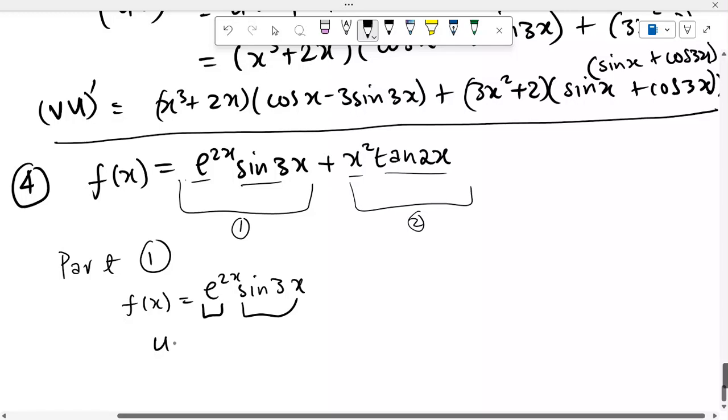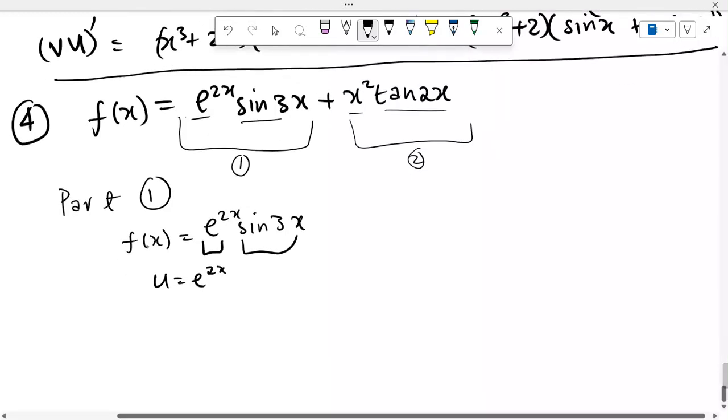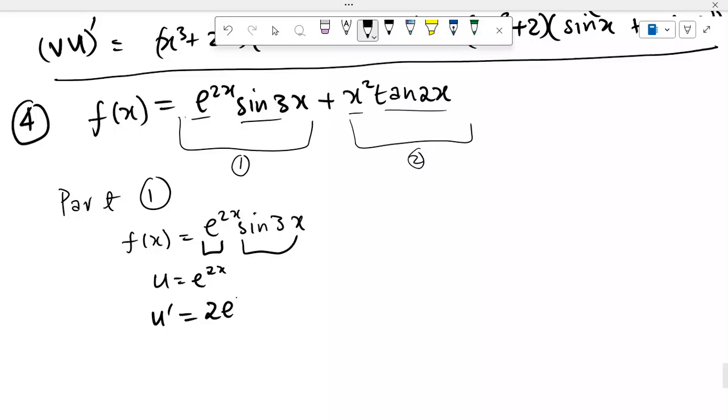So let's say u equals exponential 2x, meaning u prime. How do you differentiate exponential? Just drop down the 2. 2e to the power 2x. That's how you differentiate. Then v equals sine 3x, so v prime is just 3 cos 3x.